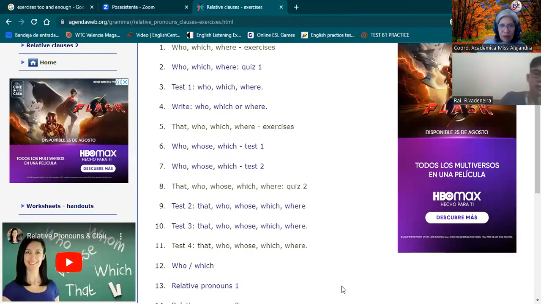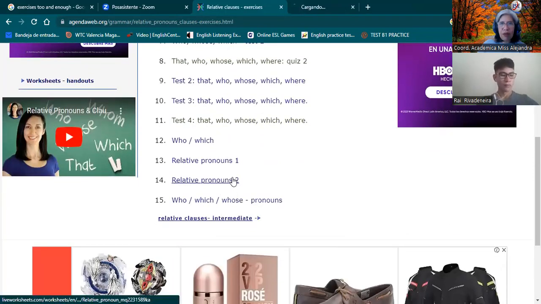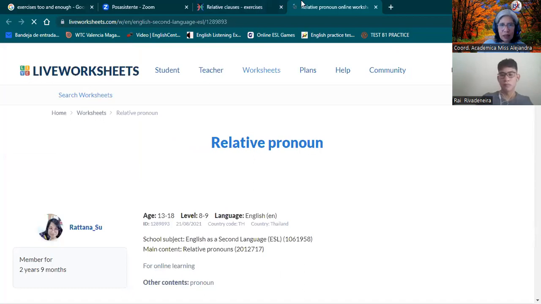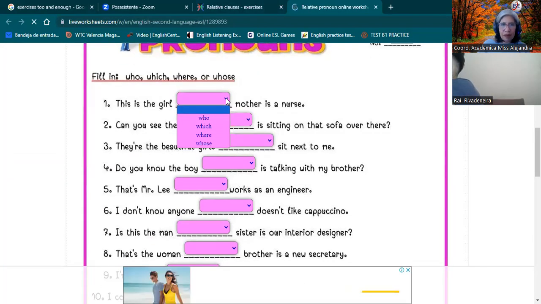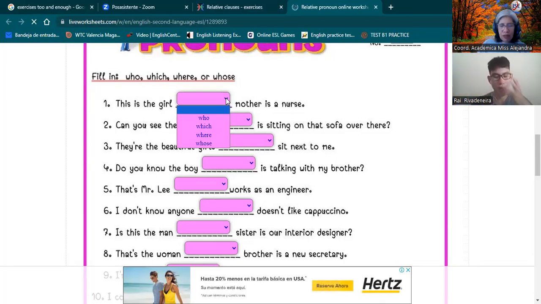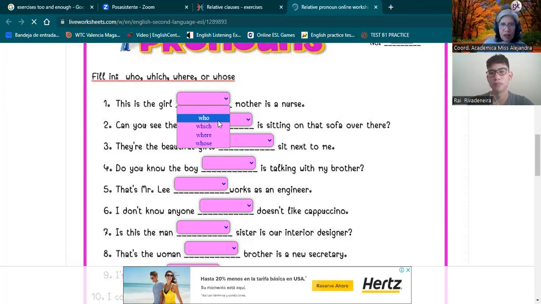Last exercise of this. Okay, let's do relative pronouns, this one. Okay, select the right option. Who? Can you see the dog?